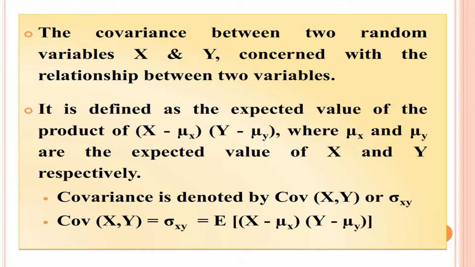Covariance is an important summary measure of association between two random variables.